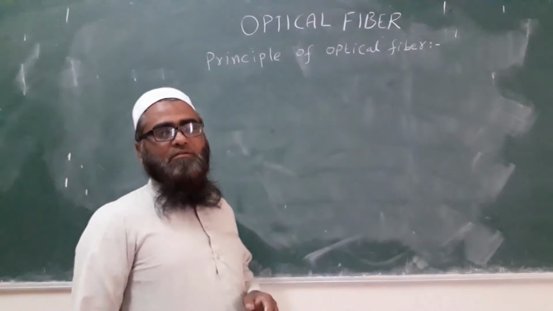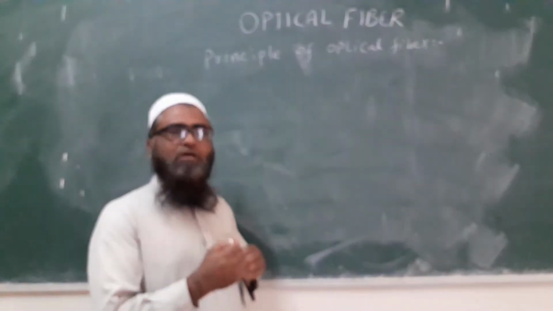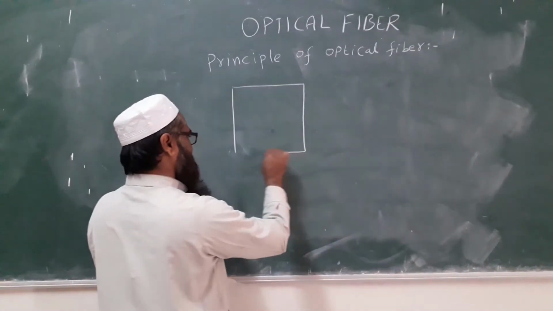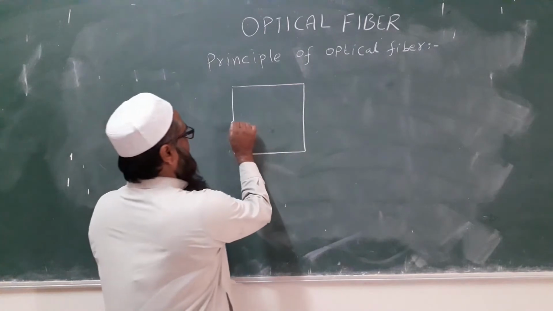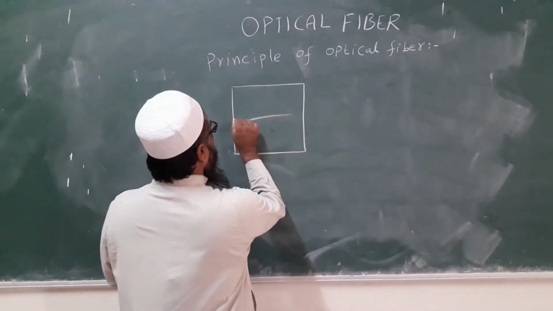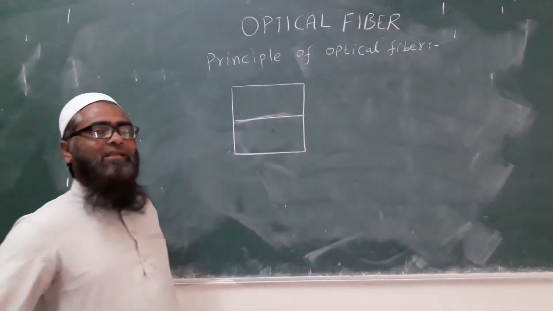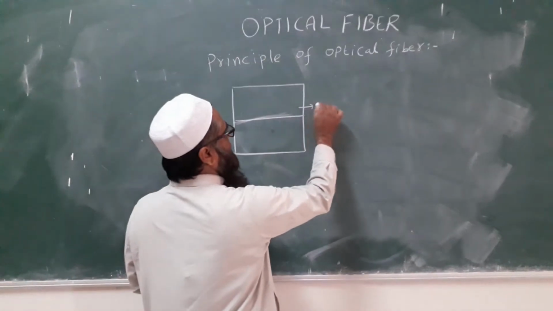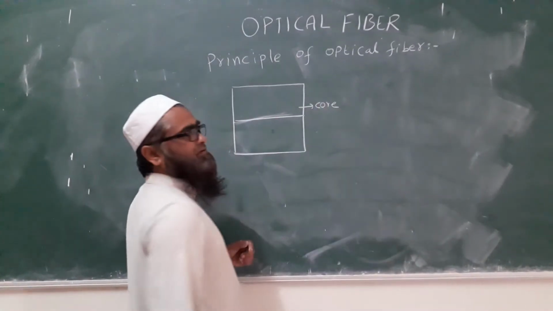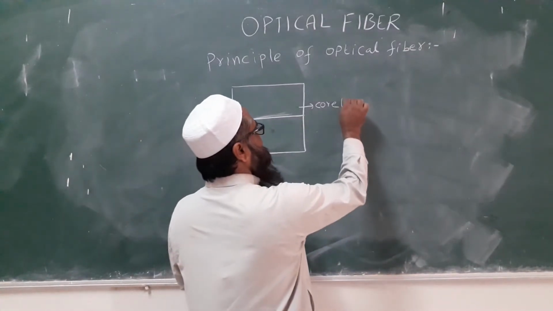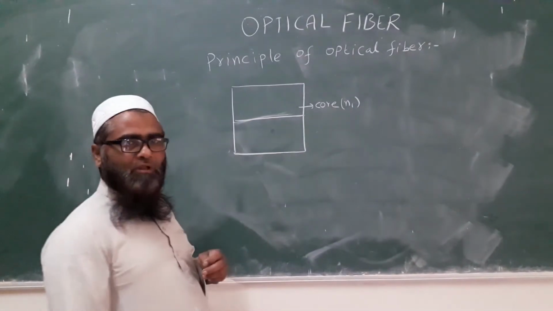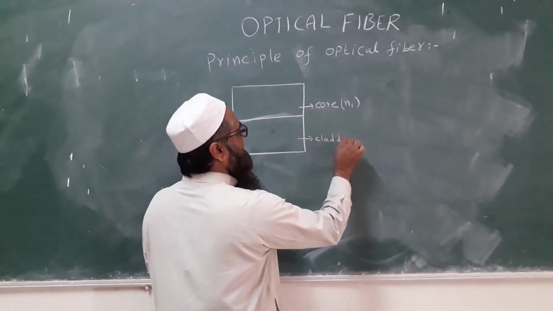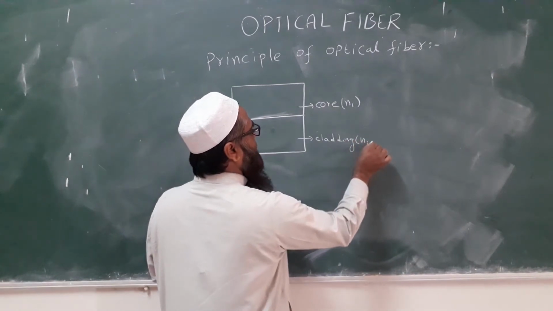Let us take two media, a denser medium and a rarer medium. Suppose here is a combination of core and cladding. The upper medium, let us suppose, is the core, having refractive index n1. The lower medium is the cladding, having refractive index n2.